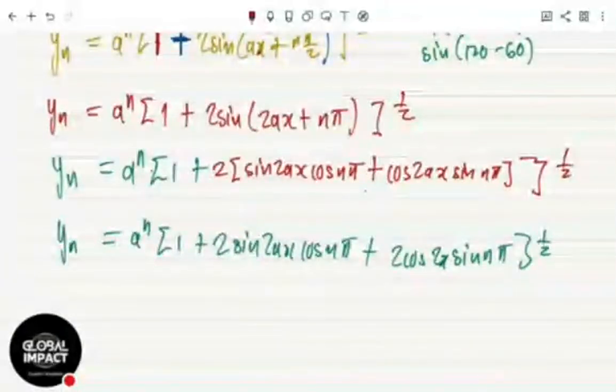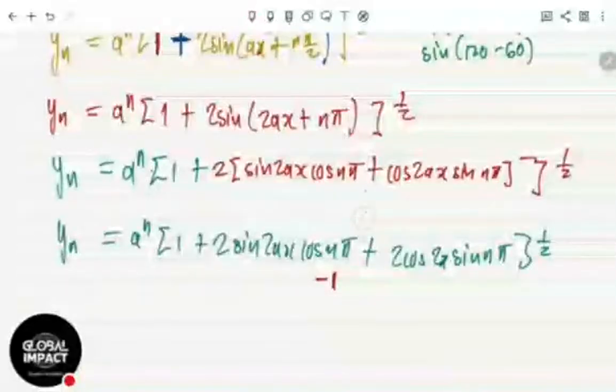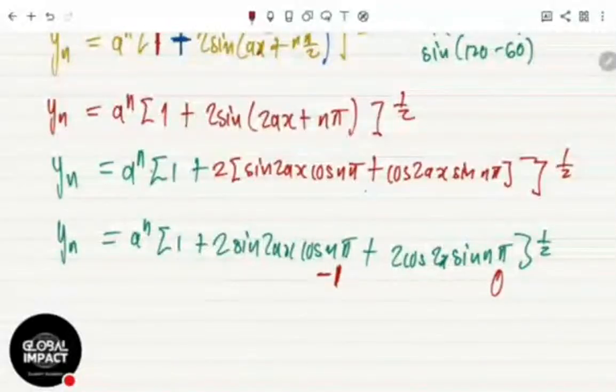So cos n pi gives me a -1. Anytime I'm dealing with cos of a pi, it's -1. So I'm going to have a -1 here. Then here I'm going to have a sine n pi, sine 180 is always 0.